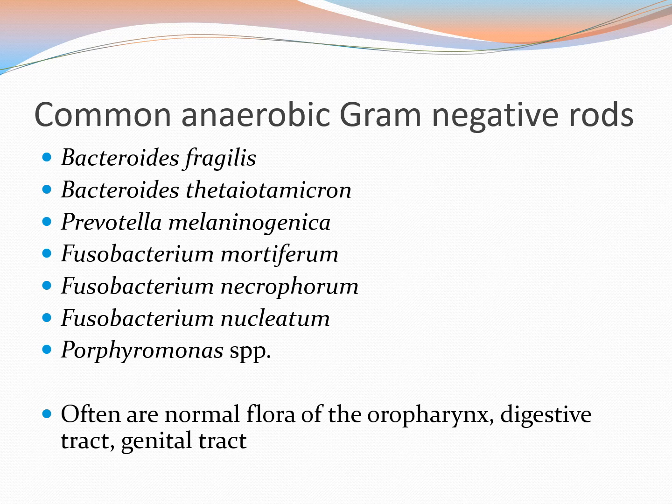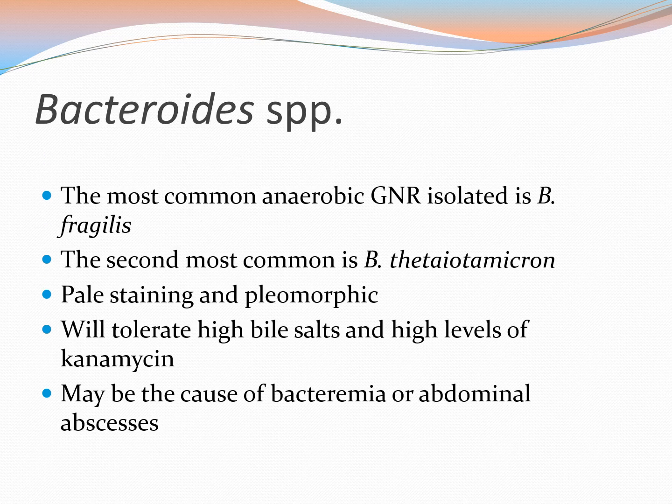These are often normal flora of the oropharynx, digestive tract, and the genital tract. Bacteroides is normal intestinal, genitourinary, and oral cavity flora. It is the most common anaerobic gram-negative rod. That would be Bacteroides fragilis, of course. It's also the hardiest and grows really well. It's not fastidious by any means.